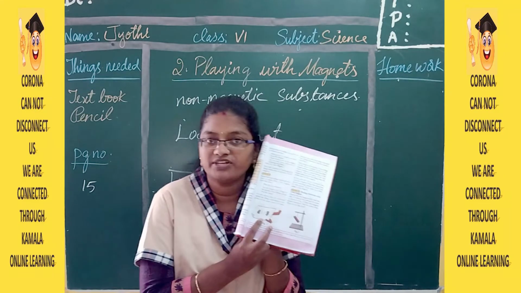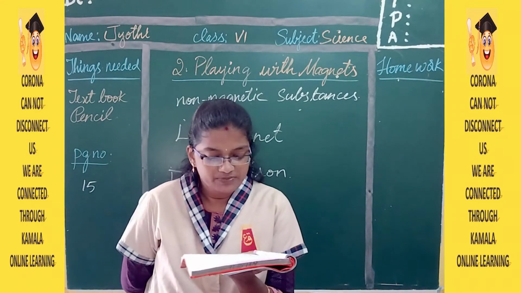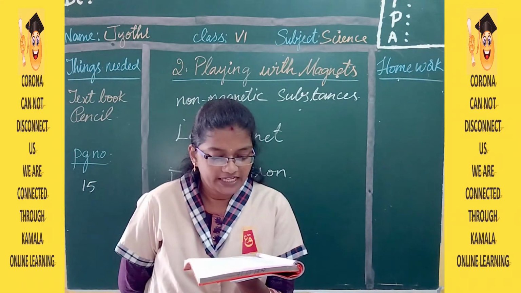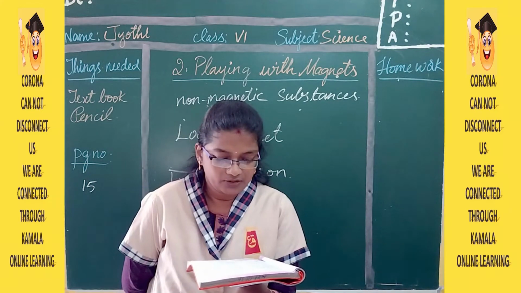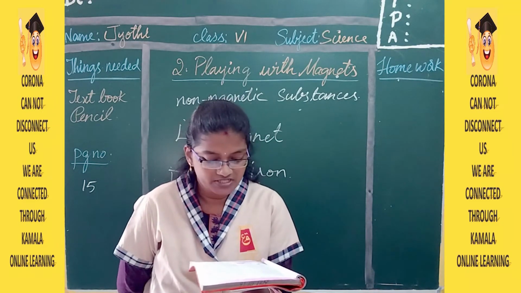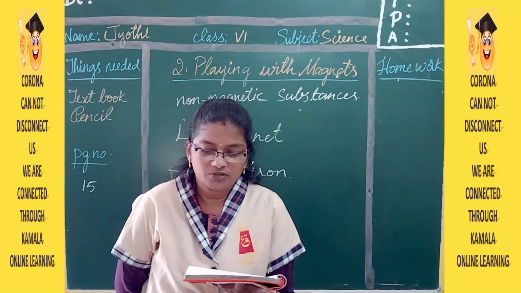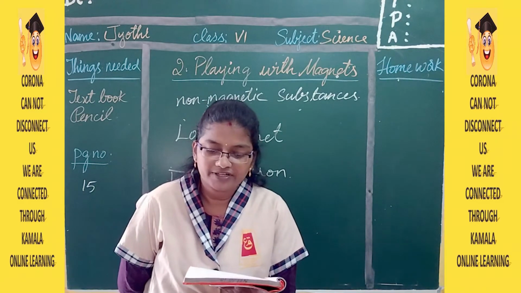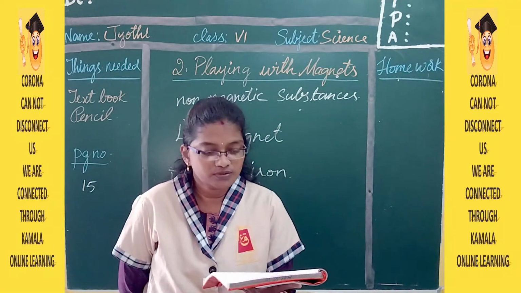As shown in the figure, you will observe that the uniformly spread iron filings concentrate at 2 points of the paper sheet. At some distance, you will find some scattered iron filings between these 2 points.